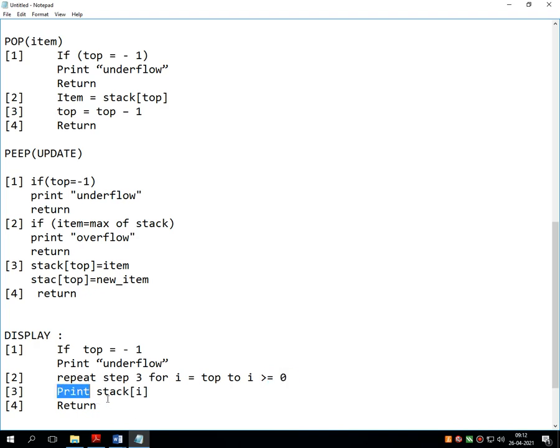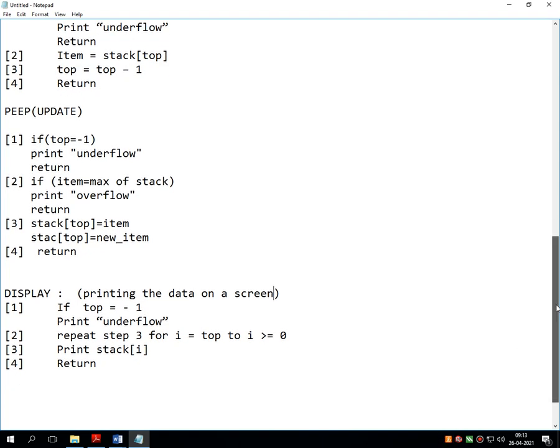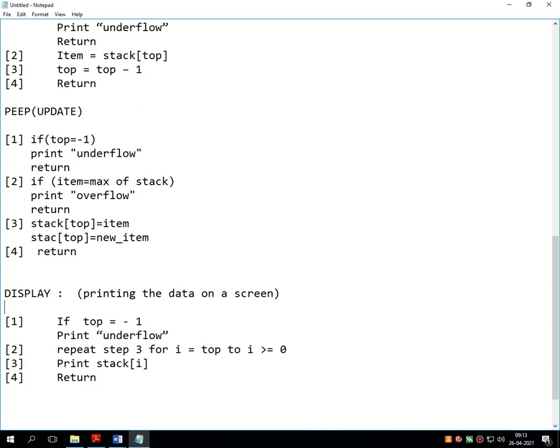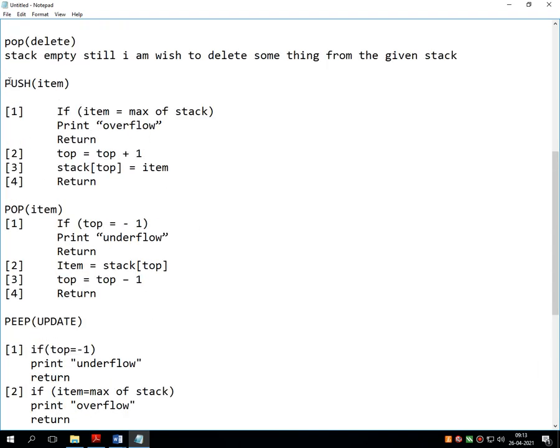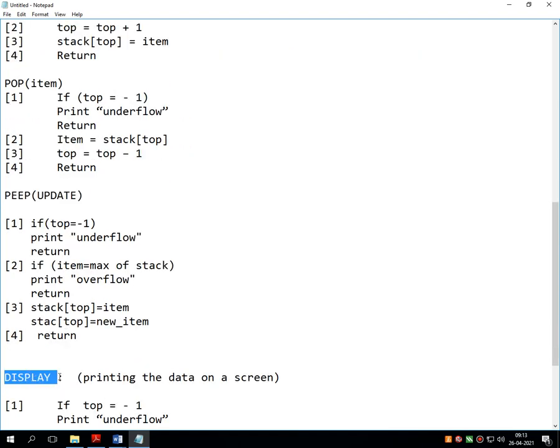It displays all the values of the stack onto the screen, which is also called printing the data on a screen. So this was all about the small algorithms, or you can say the various operations of stack, that is push, pop, pip and display.